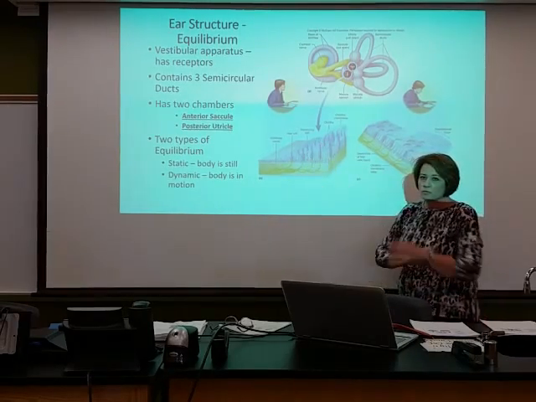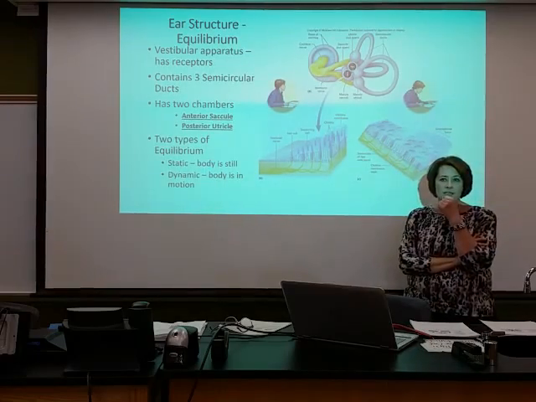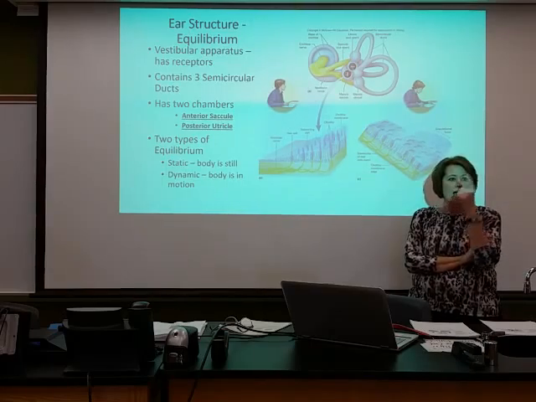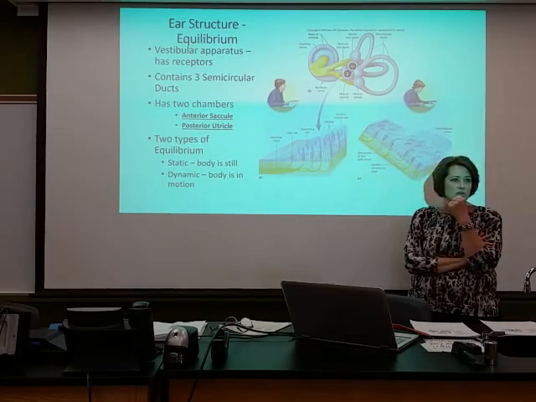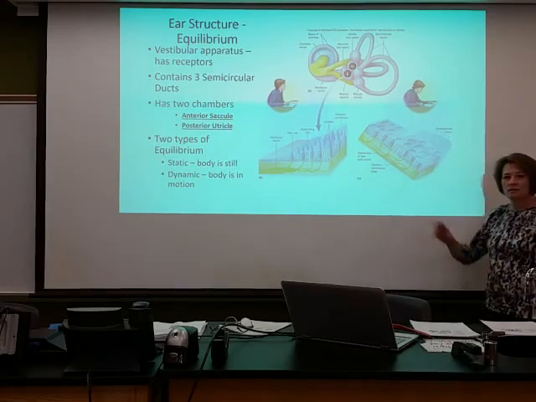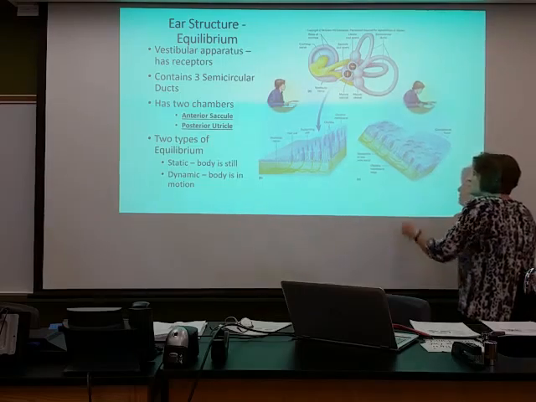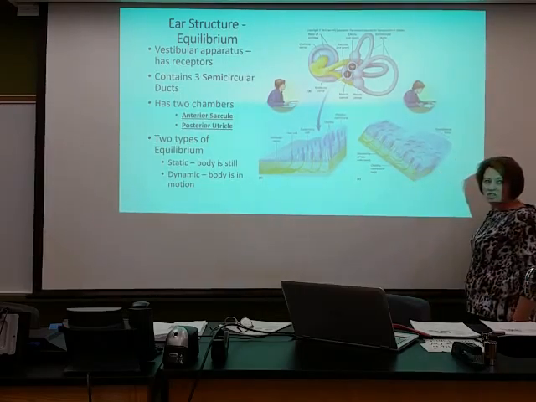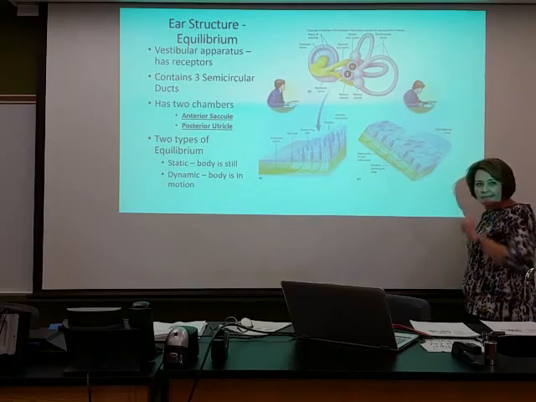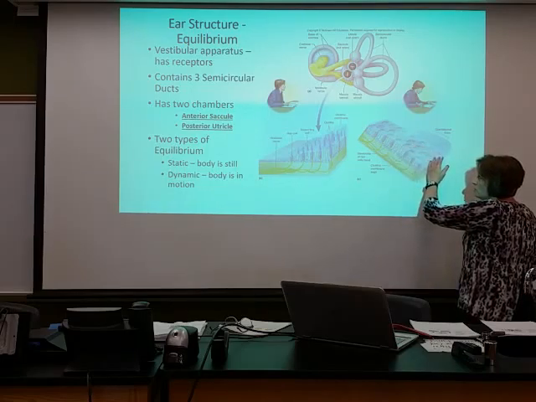But wait a minute. What else do I have right here? I've got some hair cells. And they are connected to what? Our vestibular nerve. So, if I begin to move, note my rocks get shook up. I'm all shook up. The rocks get shook up. Fluid moves.